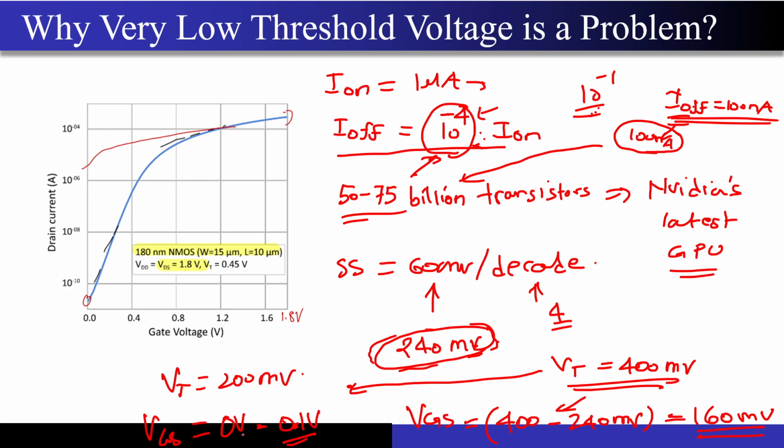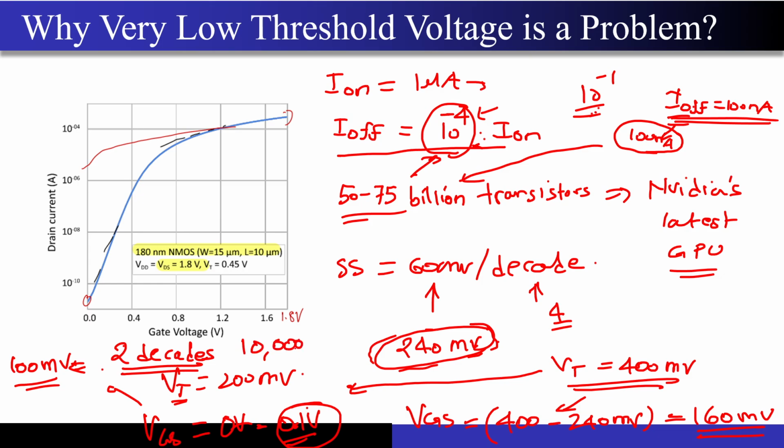Now if I am only able to reach a VGS value of 0.1 volt, that means only a 100 millivolt reduction compared to the VT point, which means only two decades of reduction in the current. That means instead of a 10,000 times reduction, I am only getting a 100 times reduction now. That is not at all a good factor, correct?